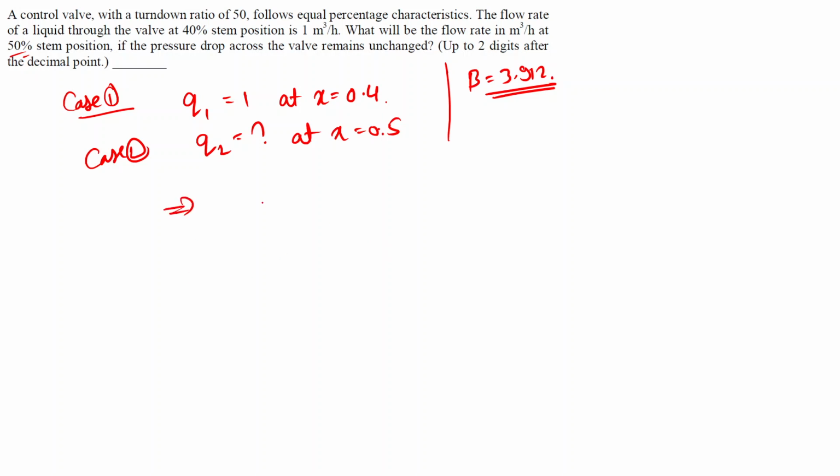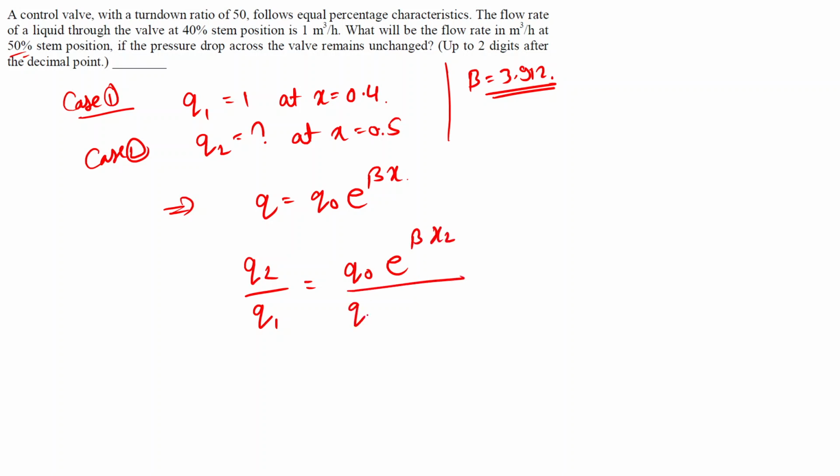Now we can straight away use this relation, Q is equal to Q naught e raised to beta x. Using the information from case 2 and case 1, we can write Q2 upon Q1 is equal to Q naught e raised to beta x2 upon Q naught e raised to beta x1. So Q naught will get cancelled out, and we will have Q2 is equal to Q1 e raised to beta times x2 minus x1.